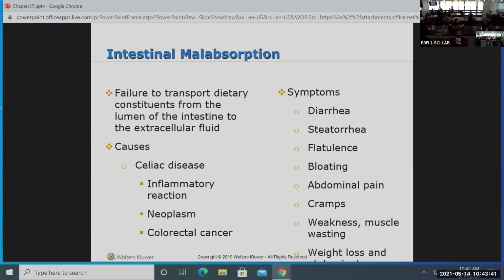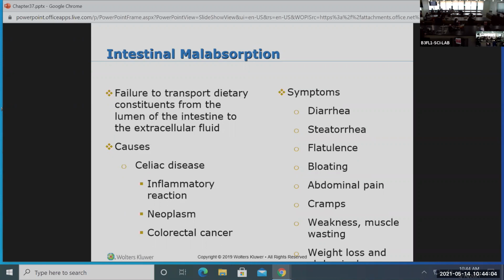Normal absorption is not taking place. That's why I call it failure. That is my malabsorption. There may be different causes, maybe celiac disease, inflammatory conditions, neoplasms, cancers, or colorectal cancers.